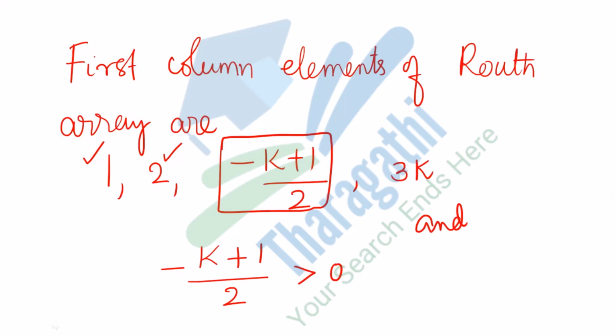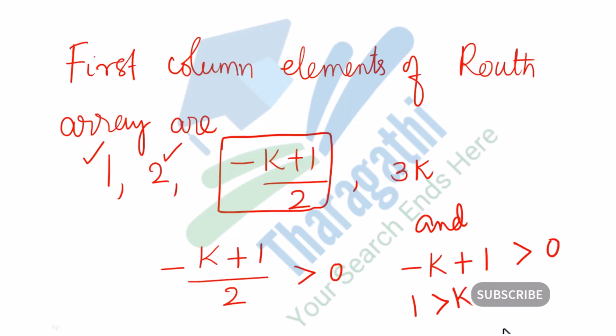That is, 1 minus k should be greater than 0, or 1 should be greater than k, or k should be less than 1.